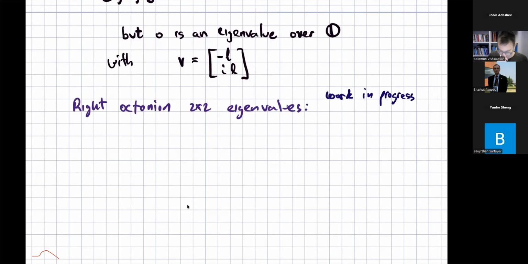We don't have a preprint yet with Chapman and Levin, and this is a small part of what we're working on. But we can show quite easily that there exist right eigenvalues, but we cannot yet recover all of the eigenvalues like we did in the left eigenvalue case. And let me give you just a very simple proof.